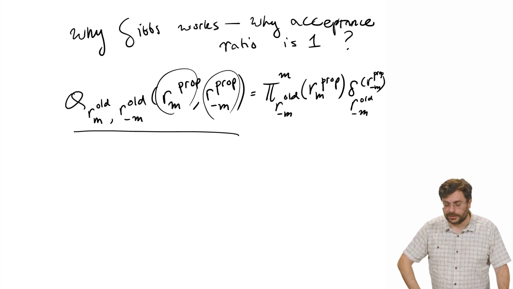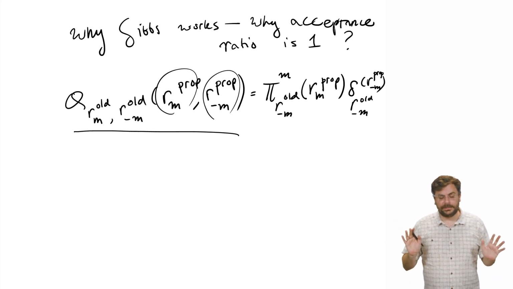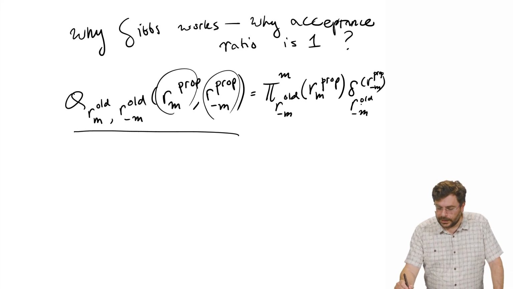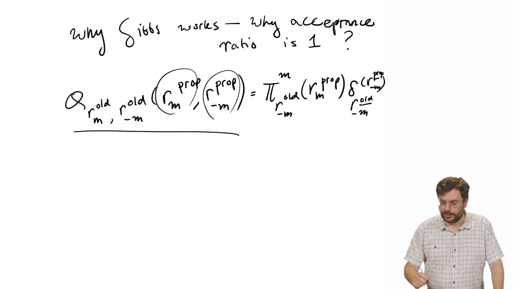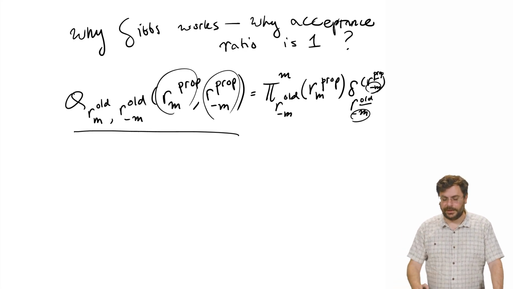What does this proposal distribution look like? Well, if we follow the Gibbs rules, the old and the proposed for the minus m are the same. That's why we have a delta function saying that R old for all of the minus m variables is the same as R proposed for those same variables.